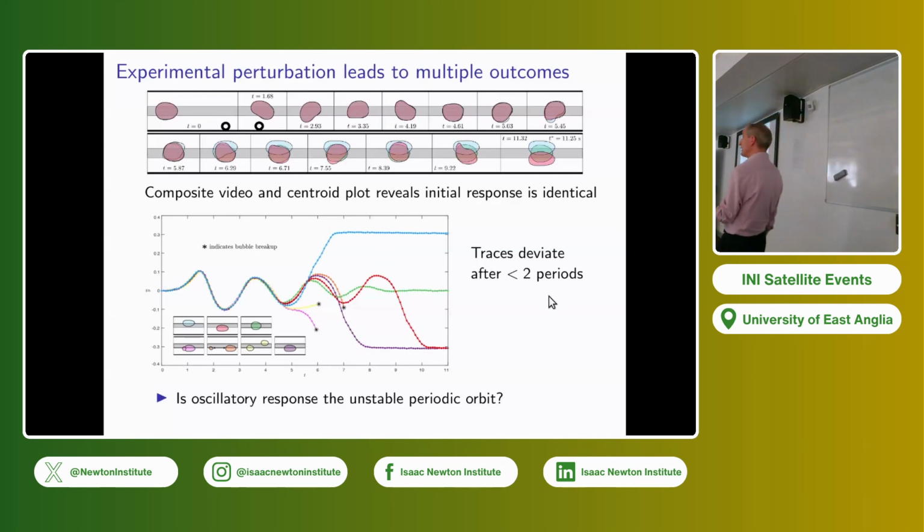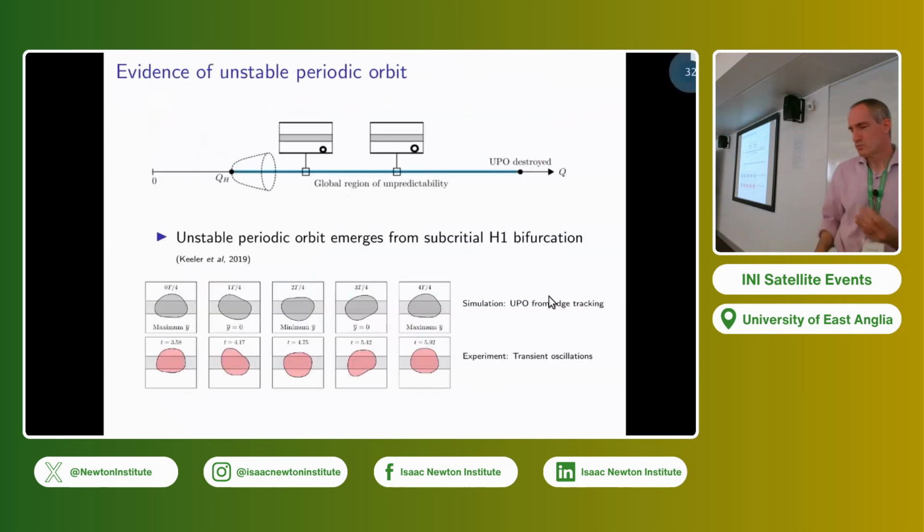And so a question is, is this oscillatory response actually the unstable periodic orbit? Is the system initially being attracted towards this unstable periodic orbit and then flying off? Well, we can't say completely definitively, but here's a sketch of what's going on in the model and the bifurcation diagram. So we have this Hopf bifurcation where you get an unstable periodic orbit and then eventually it dies.